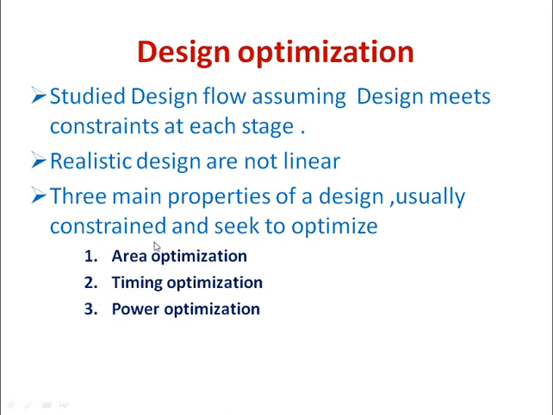I can't optimize all of these, area, timing, and power, to 100%. That means I have to have a trade-off between area, timing, and power. That's the thing you have to consider in your design optimization.